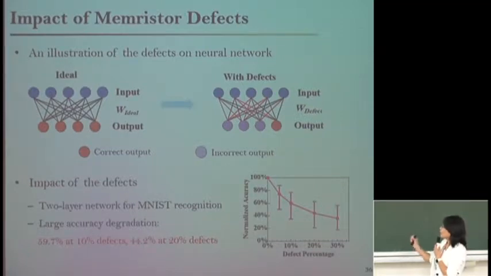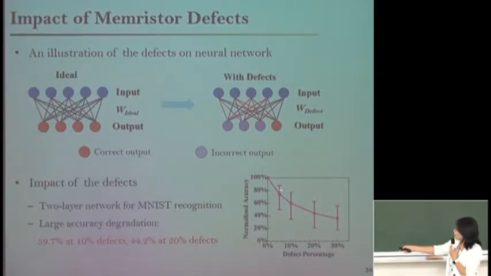Then we intentionally inject defects into the system and again do Memristor testing and see the recognition accuracy. Of course, it depends on how we inject the defects. The accuracy changes within a range, but generally speaking, the accuracy degrades quite significantly.